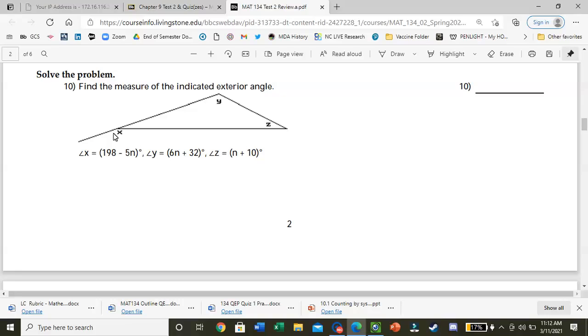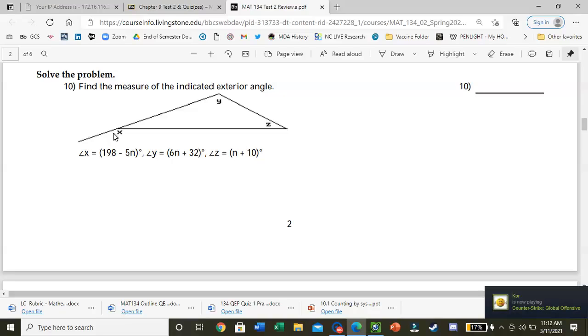All right, so our triangle, X, Y, and Z, and angle X is 198 minus 5n.